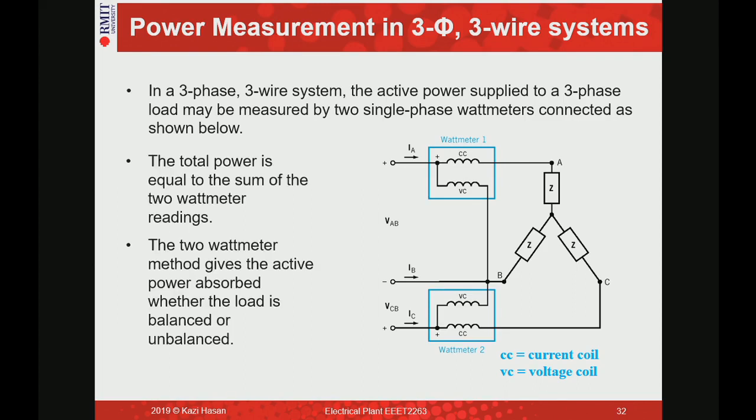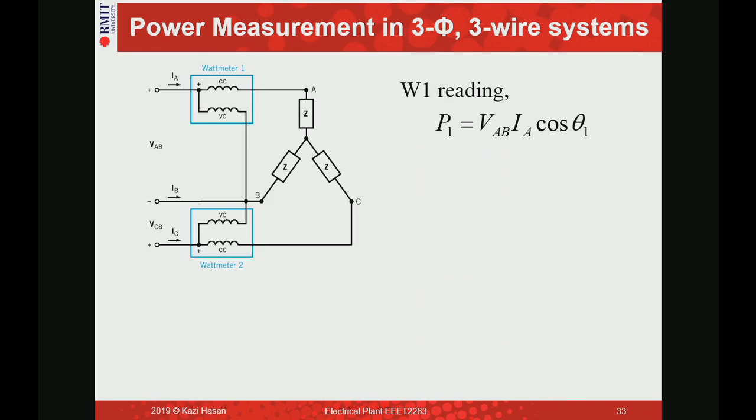If your wattmeter 1 measures P1 and this is P2, the total three-phase power in this circuit will be P1 plus P2. So you use 2 wattmeters, but you get the total power in your three-phase circuit if you connect like this. So you can measure real power in a three-phase, three-wire system by connecting 2 wattmeters as shown here.